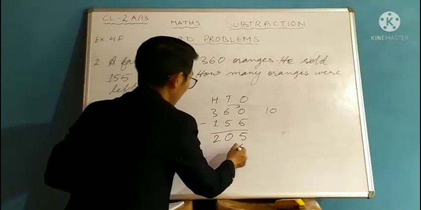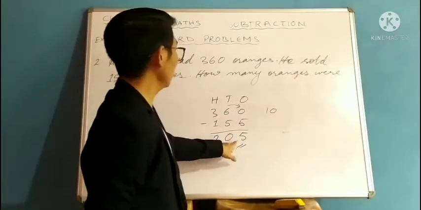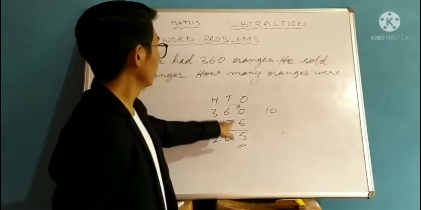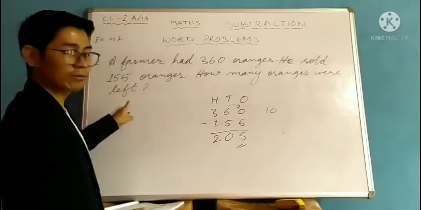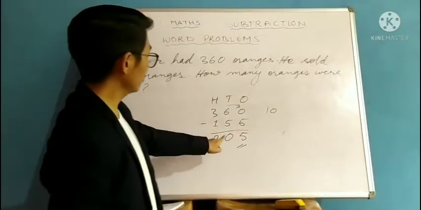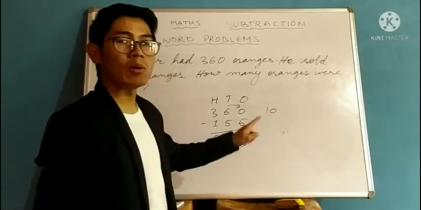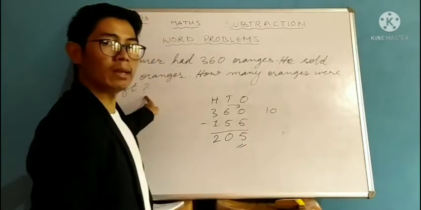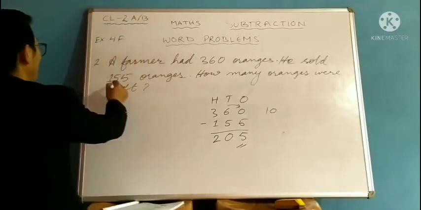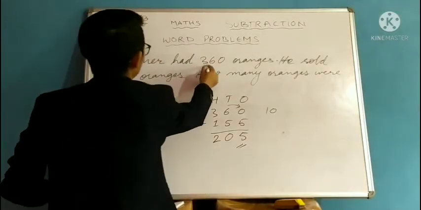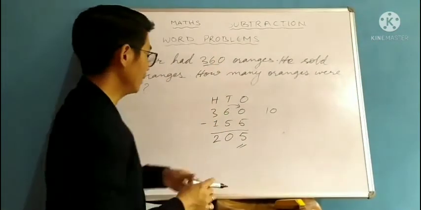Now how much did you get? 205. This 205 is the number of oranges that were left after selling these oranges. So this is also easy.